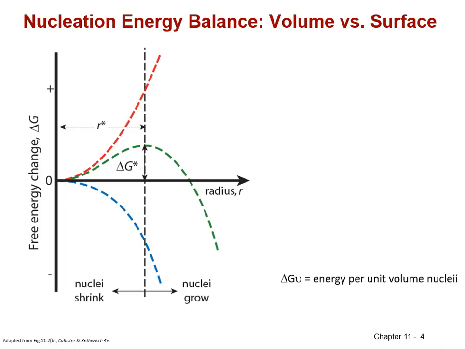We can invoke the concept of activation energy, reference back to our volumetric drive to grow versus our surface energy drive to not grow, and say at what size of a nucleus would we have to get before the net drive to grow is always going to be in the positive, or the free energy change associated with growth is negative.